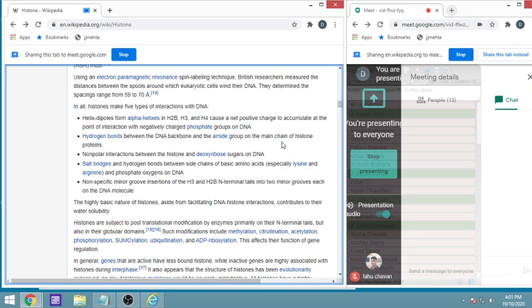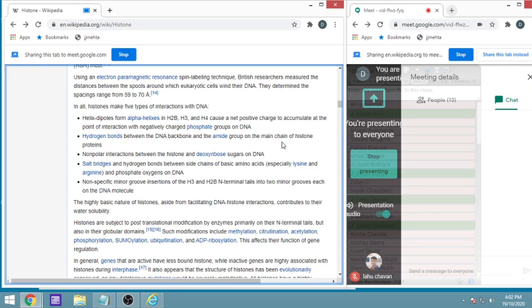Then hydrogen bonds between the DNA backbone and the amide groups present in the main chain of histone proteins, so they will form hydrogen bonds. Then non-polar interaction will be there between histone and deoxyribose sugar. Then it will form salt bridges, that is normally Na plus Cl minus, like that.